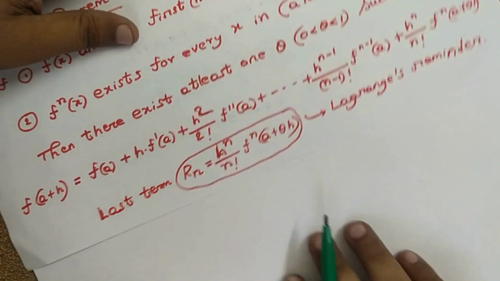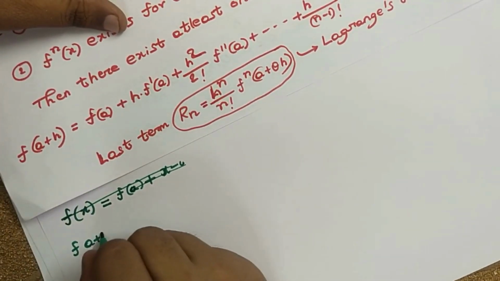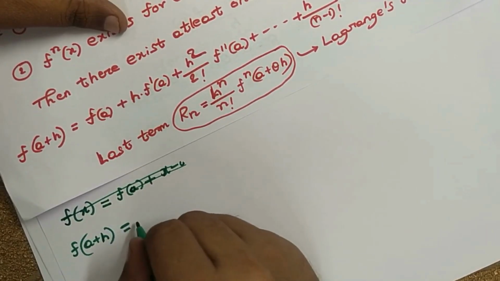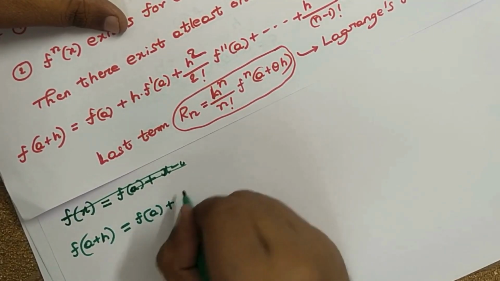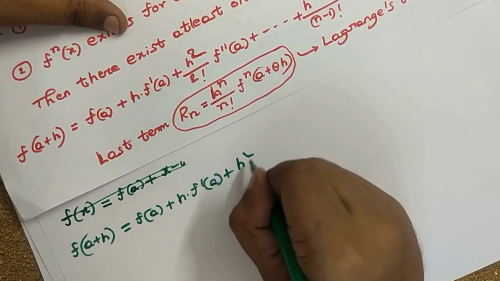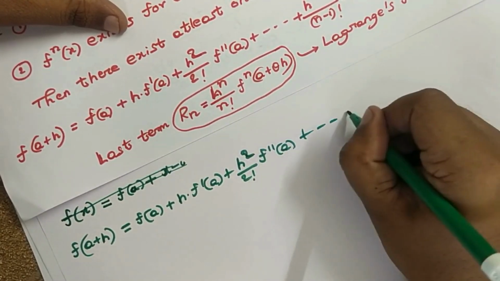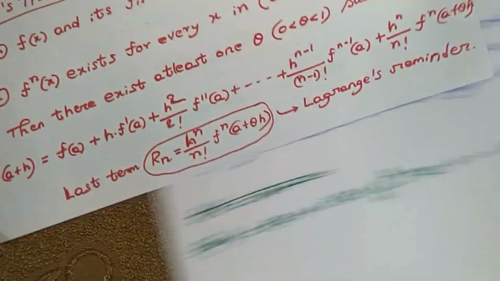Yeah, we have already seen this equation. So f of a plus h is equal to f of a plus h into f dash of a plus h square by 2 factorial into f double dash of a and so on up to infinity, because here the last term, the remainder term, becomes 0.